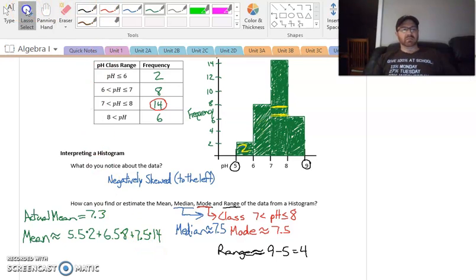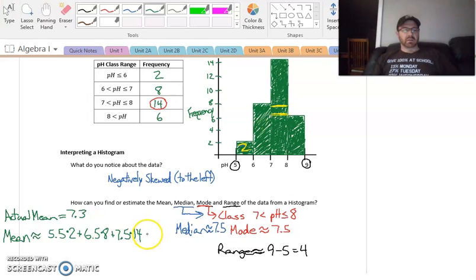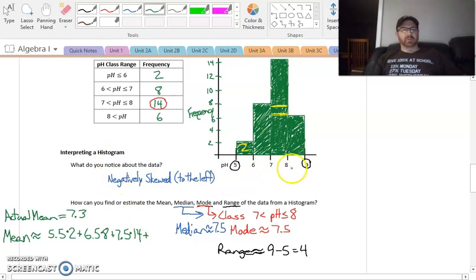And then we're going to add the last class. Since we went from 8 to 9, we're doing 8.5 times 6. And of course, we're going to divide that by how many total there were. So again, we add those up, and there were a total of 30 different samples for this.